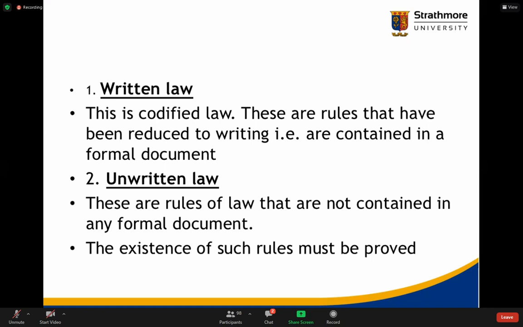All their customs are not contained in a book. There's no day you'll come to Nyanza, for example, and find a whole book or statute code containing the customs of the Luo. These customs are passed down from one generation to the other. They apply to a certain extent, especially when determining civil matters of marriage and succession. You'll find that people fall back on their customary practices.